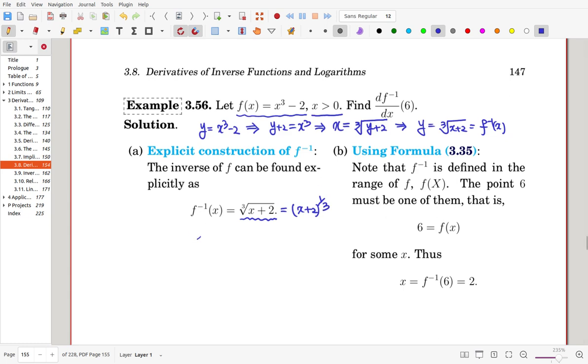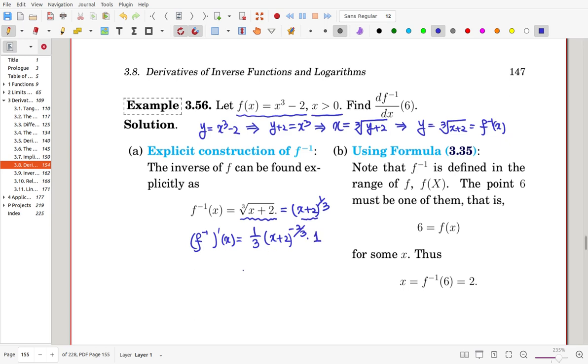So if we apply the differentiation operator prime here, then the power will go out, and then here x plus 2 to the power minus 1, which is minus 2 over 3, and the derivative of this inner term, which is 1.